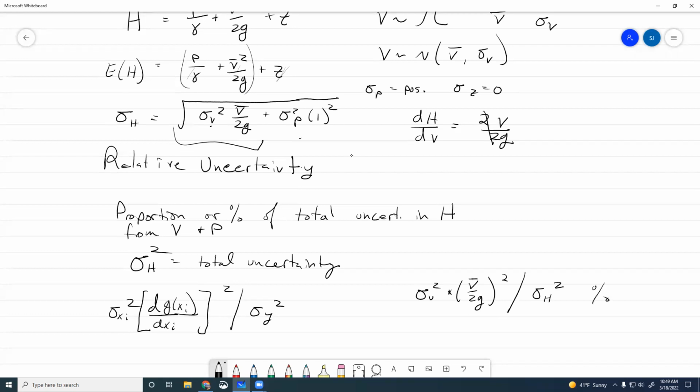And this would be the percent of uncertainty by v, and then sigma p squared times 1 squared over sigma H squared would be the percent associated with the uncertainty in p. So we're just dividing by the total uncertainty or the total variance. I think you get a different number if you divide by the standard deviation. So just keep that in mind.